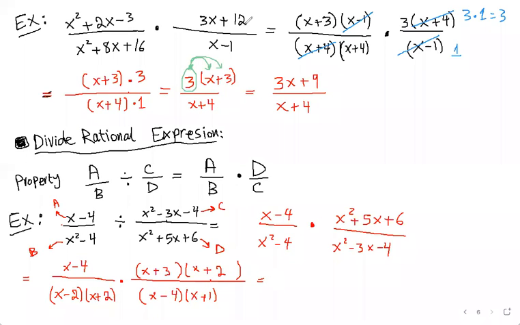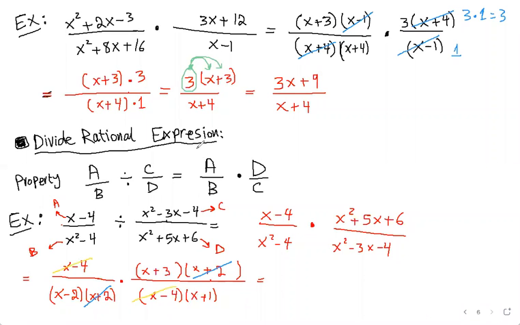Now, what can we cancel? We can cancel x minus 2 with x plus 2, right? This one with this one. X minus 4. And what else? X minus 4 with this guy.